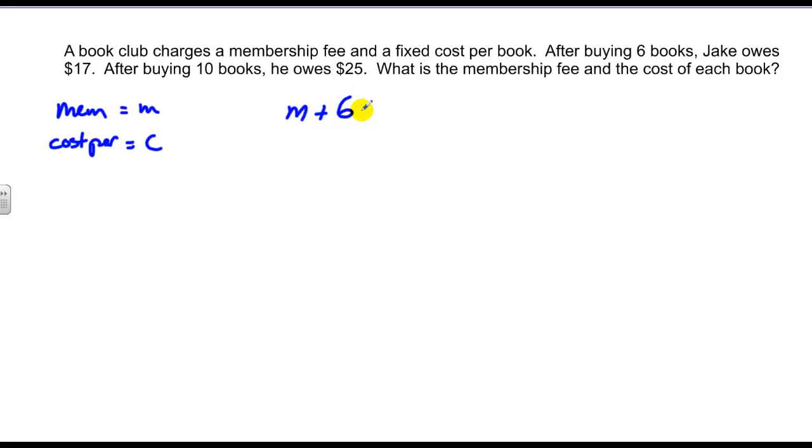So 6 at a cost per book is equal to $17. And then if he has a membership fee and 10 books, then that's going to be $25.